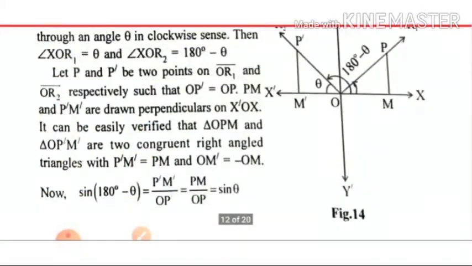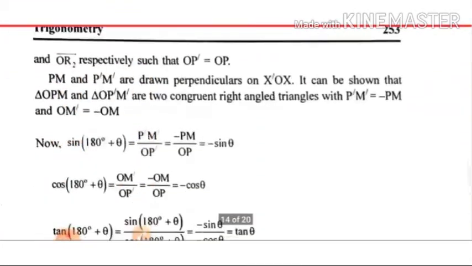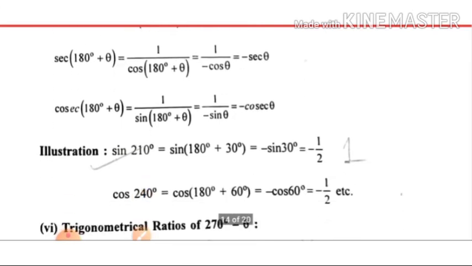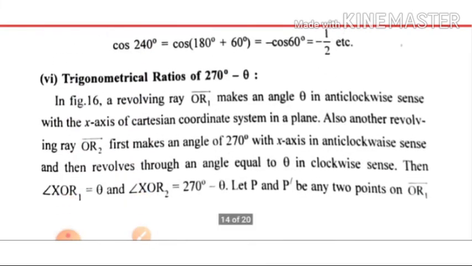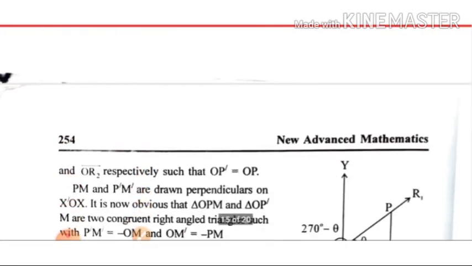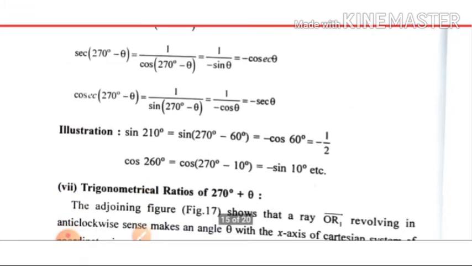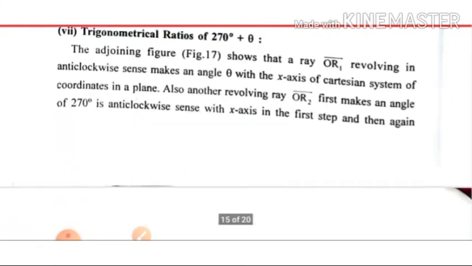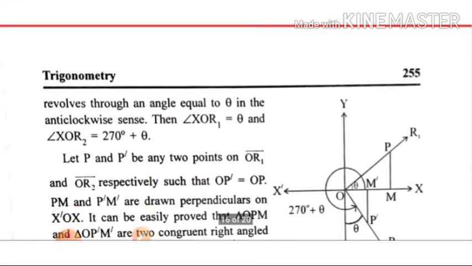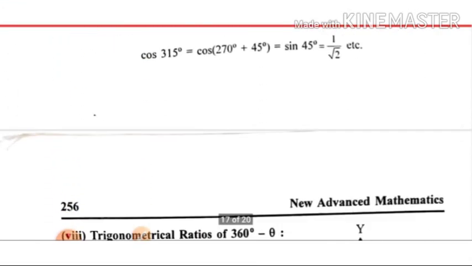We have different sign conventions for those. In another video we'll learn about the geometrical interpretation of these trigonometric ratios. At first we'll learn about the values.